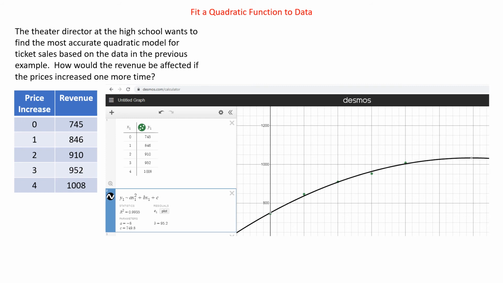You'd want to go to desmos.com, just click the graphing calculator link. We're going to put in a table. To enter a table, you'd click this little plus sign here, and it pulls up x1, y1, and then you just enter the table. Notice it's exactly like the table looks like.